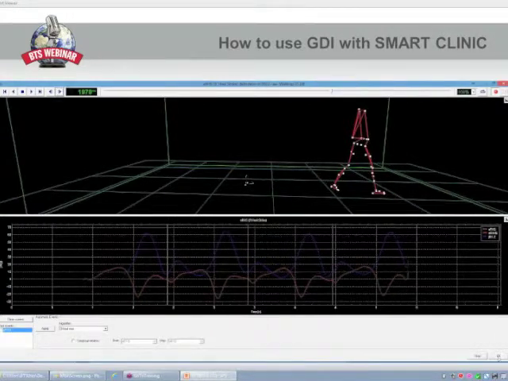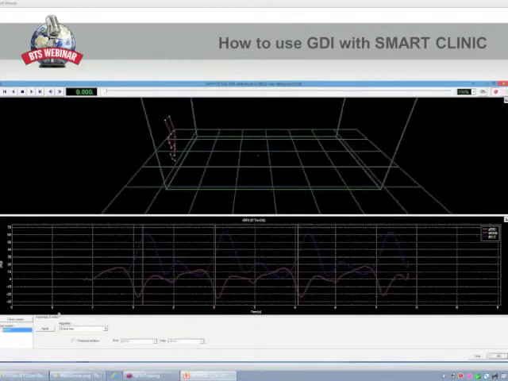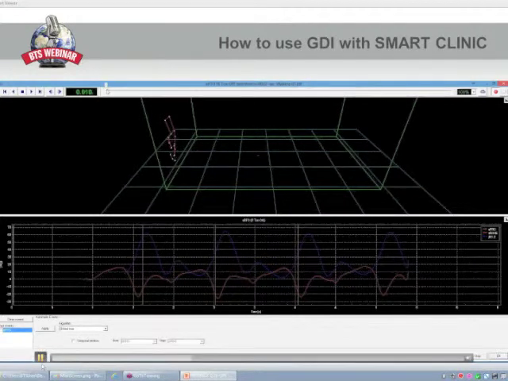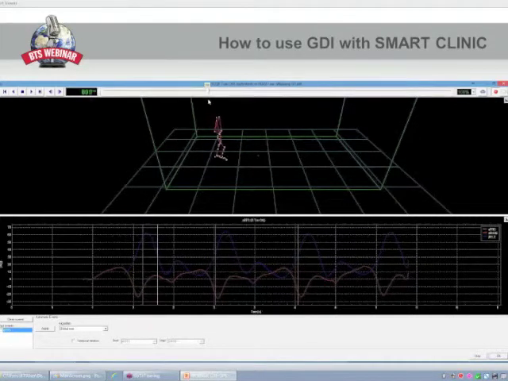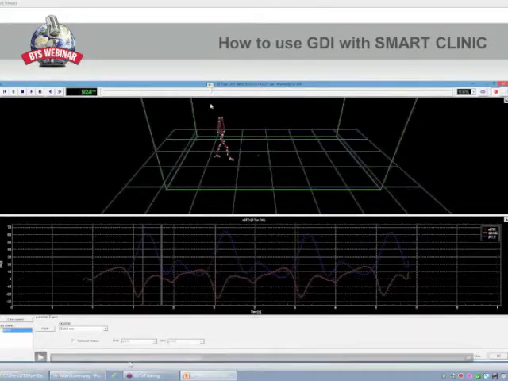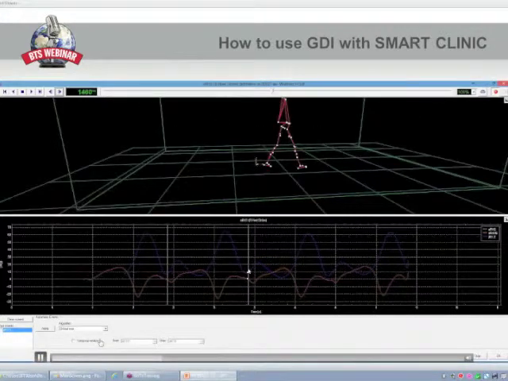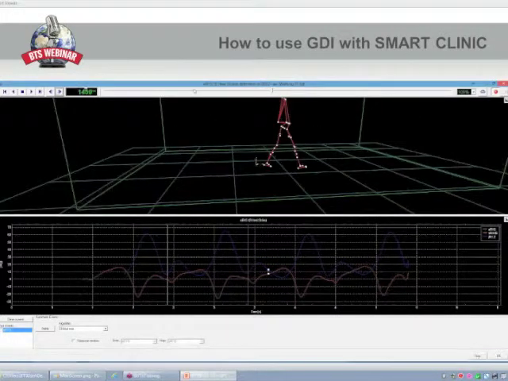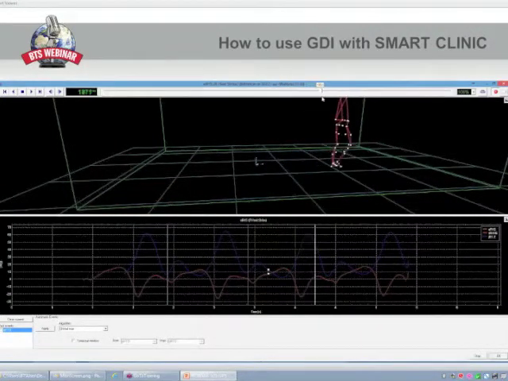Okay, now I click OK, and the next event that we will have to define will be the right toe off, so the toe off of the foot. Again, to do that, you can scroll the trial, and you can click with the mouse on the event which represents the desired event, in this case the toe off for the right foot.